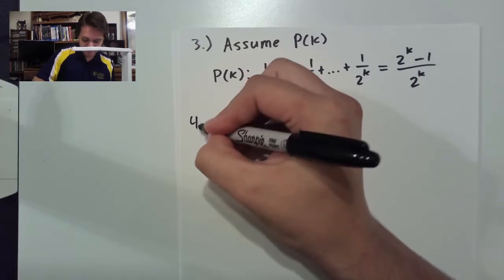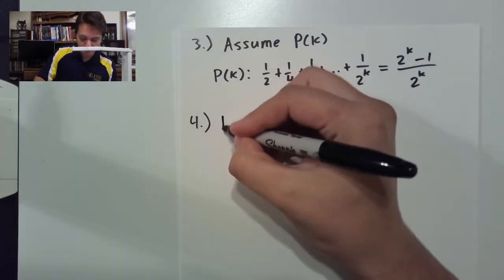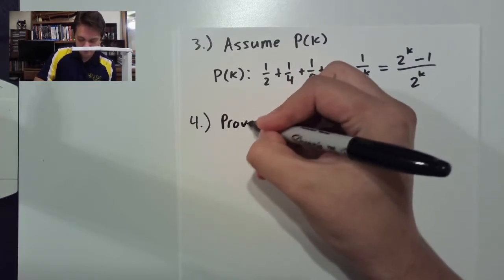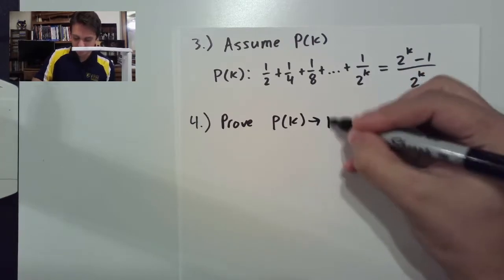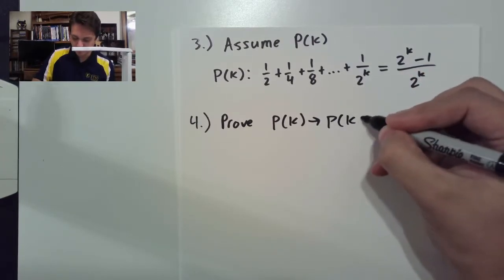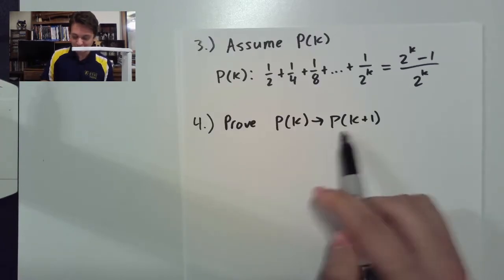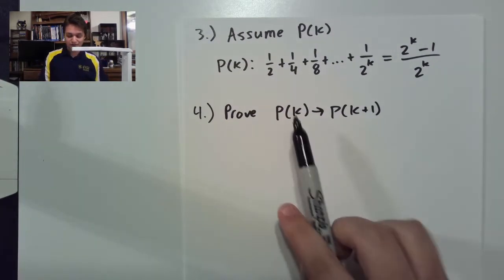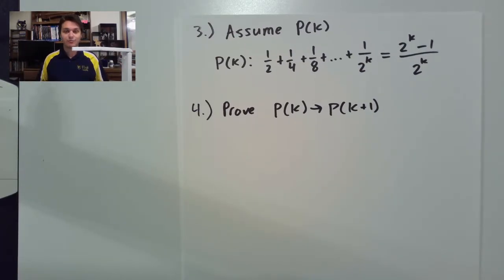Which leads us into step 4. This is the second half of our induction step. We're going to show that P of k implies P of k plus 1. So if this statement is true, then this statement is also true. We're just trying to say, does this work somewhere? Is there some number where this works?